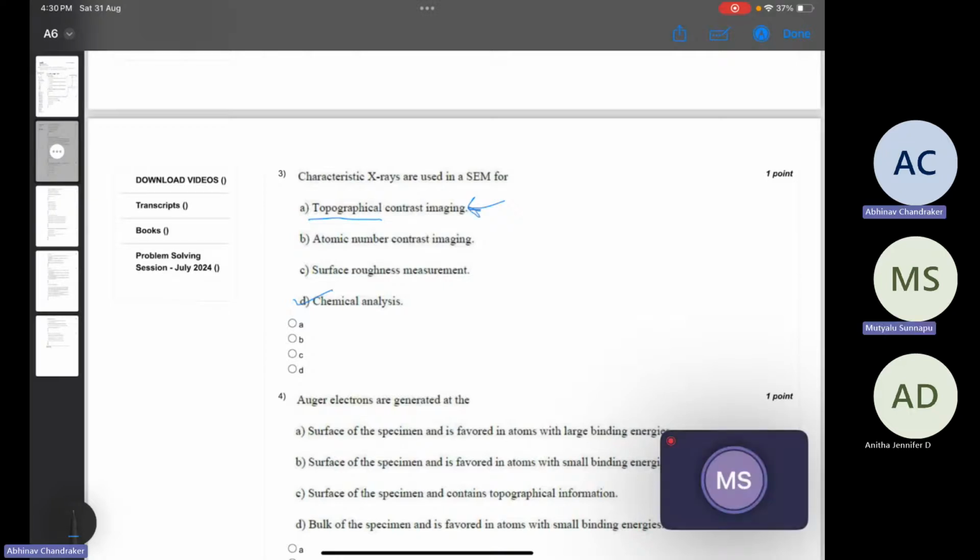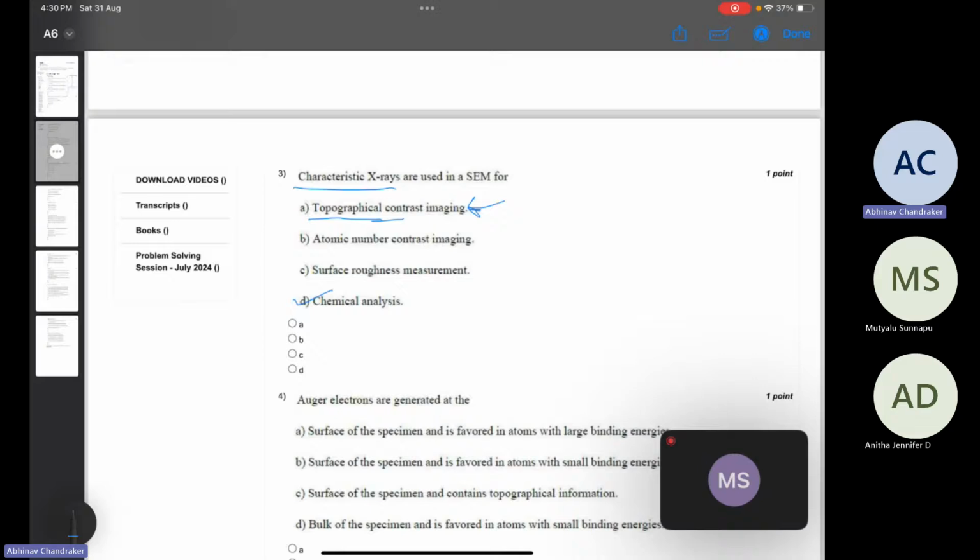When the primary electrons or backscattered electrons knock out an electron near the surface, those electrons are able to escape from the surface and they are called secondary electrons. They give very high resolution topographical information. But characteristic X-rays are generated due to inelastic excitation of the atom.